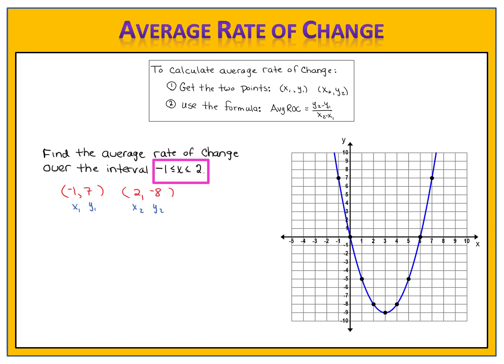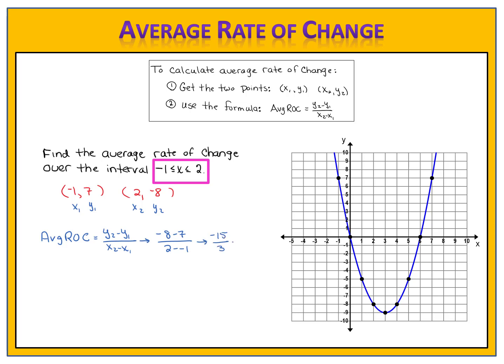We label them x1, y1, the x1 and the y1 go together, and x2, y2, the x2 and the y2 go together. We write down our formula every time, y2 minus y1 over x2 minus x1, and then substitute the numbers into the formula. Notice in the denominator we have a double negative.